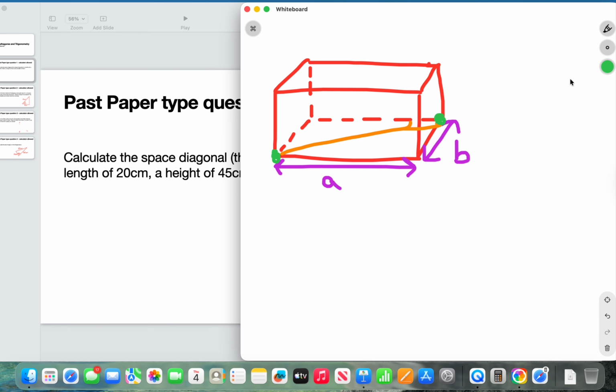We call this a face diagonal, and the face diagonal is given by, we'll call this face diagonal X. We won't call it C because we're going to use a C for the height.